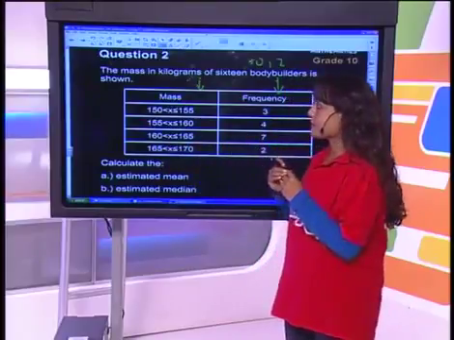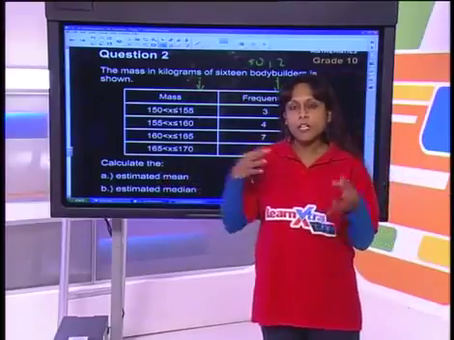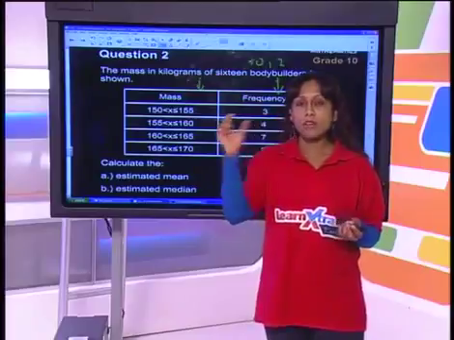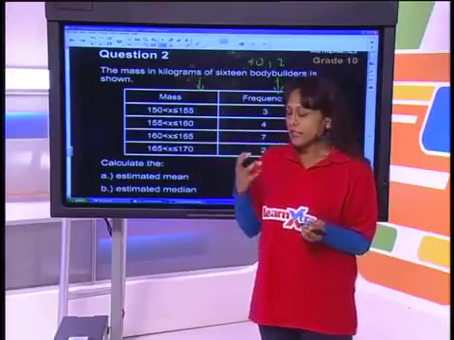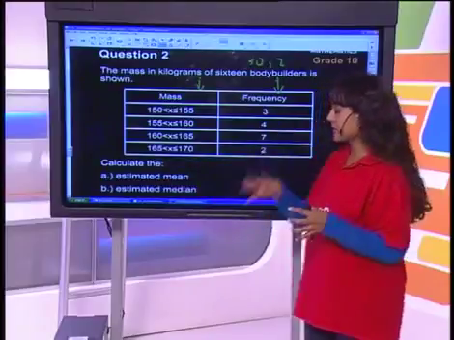So we don't know if the person was 151,5 or if they were 151. We've lost discrete values. So that means that we're only working out an estimated mean and an estimated median.